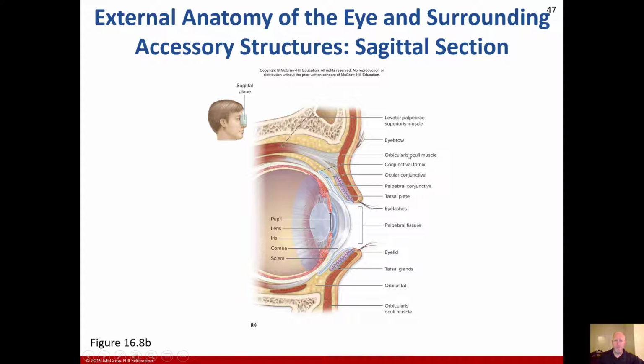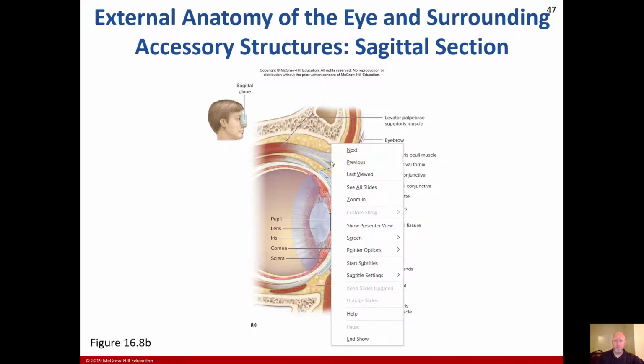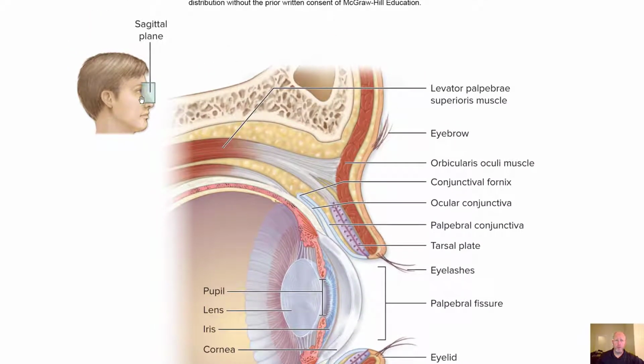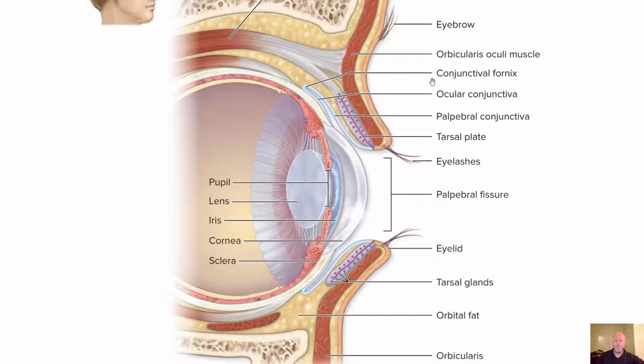Certainly noting the different areas here, the levator palpebrae here, the eyebrow, of course, the orbicularis oculi muscle. Get a little closer. You're looking right towards the sagittal plane. Look right here.